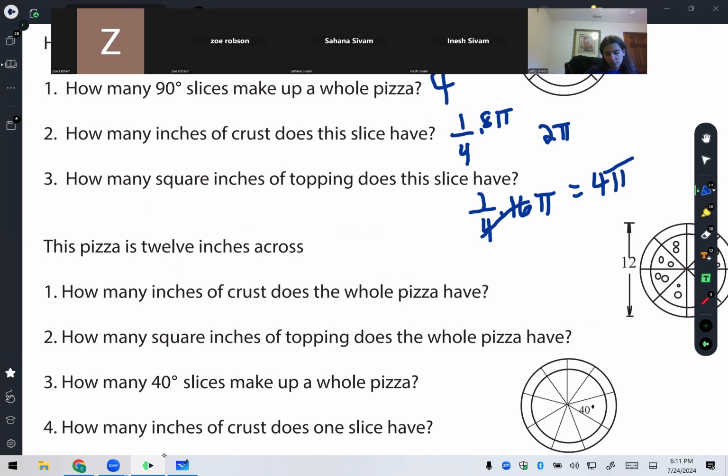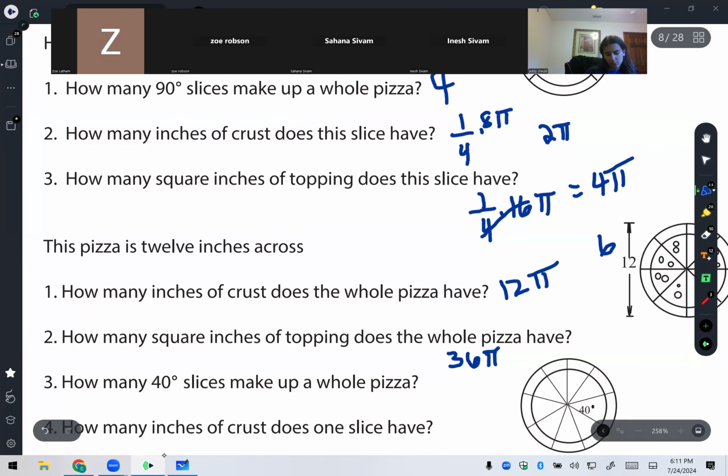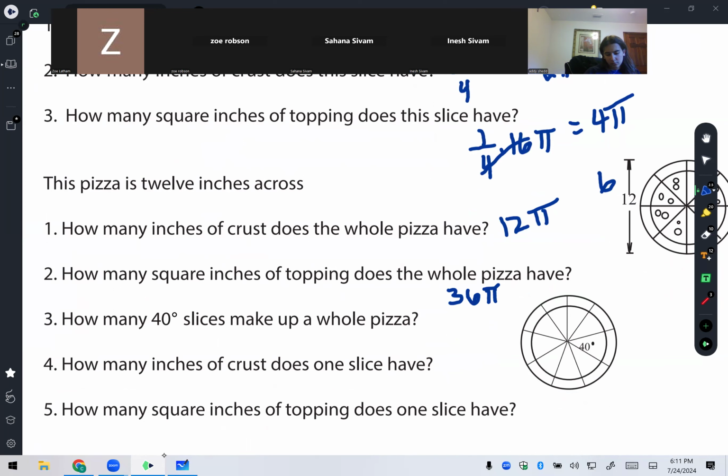Okay, let's try this one. If we have it 12 inches across, that would be 12 pi for the whole crust. The radius is 6, so all the topping would be 36 pi. Now, if we're dealing with 40-degree slices, 40 over 360, I know that doesn't look like a 40 at all. 40 over 360 is going to be 1/9, because there's 9 of these in the whole pizza.